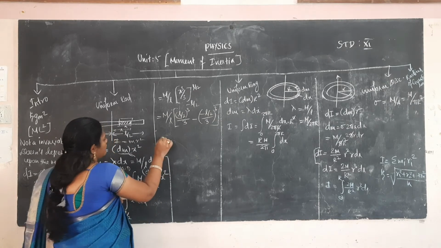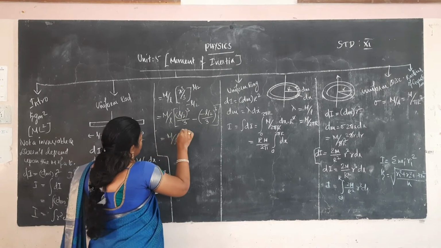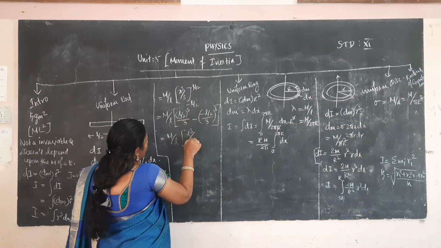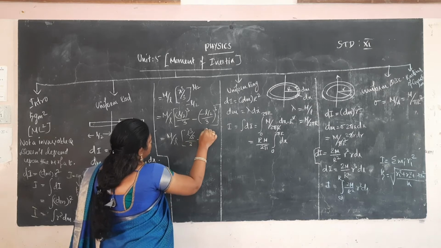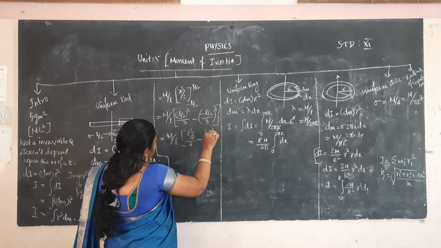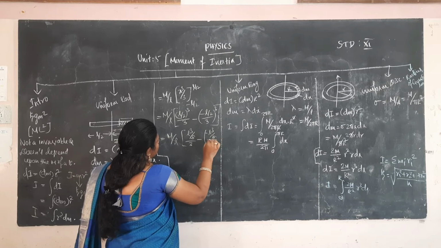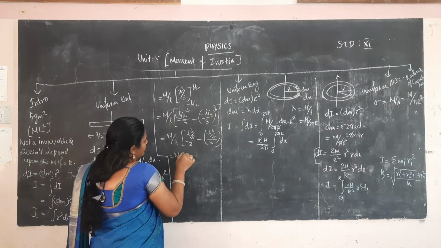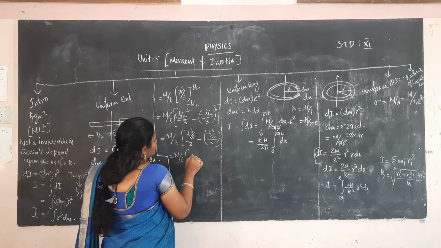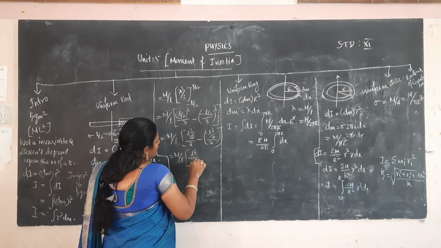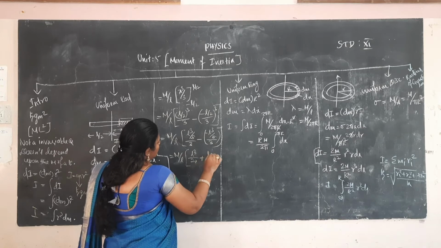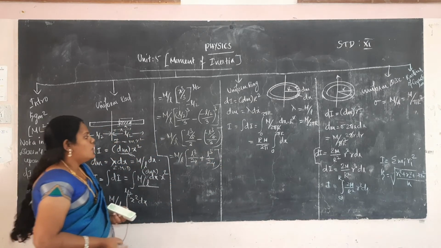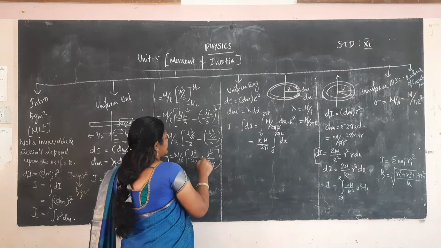Then m by L, then L cube by 2 cube, that is 8, by 3 minus of minus L cube by 8 by 3. Then m by L, then L cube by 24 plus L cube by 24. So 2 times L cube by 24.